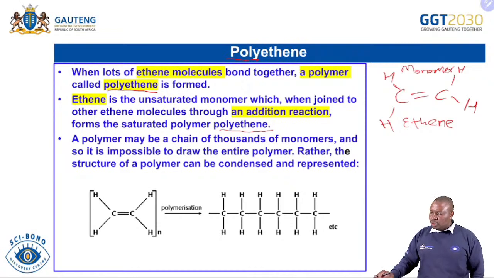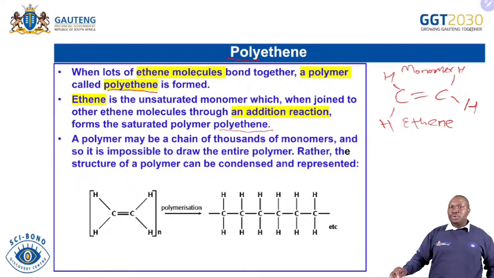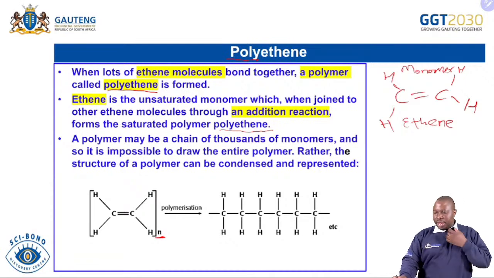It is impossible to draw the entire polymer. Remember, if I give you 1,000 ethenes and say draw the structure of polyethylene, it will be very difficult to write that in a book. Hence, the structure of a polymer can be condensed and represented as follows. You can see an ethene inside those brackets, and then we have n there.